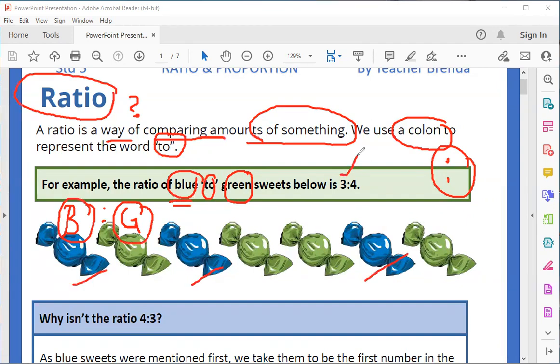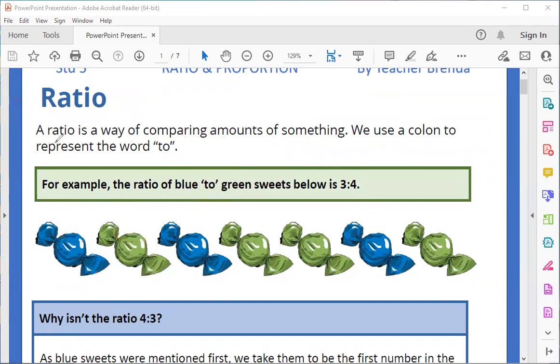So there are 3 blues. How many greens are there? 1, 2, 3, 4. So there are 4 greens. So if you can see now, read the statement again. It's a way of comparing amounts of something. So the question is now, how many sweets are there altogether? There are altogether 7 sweets.